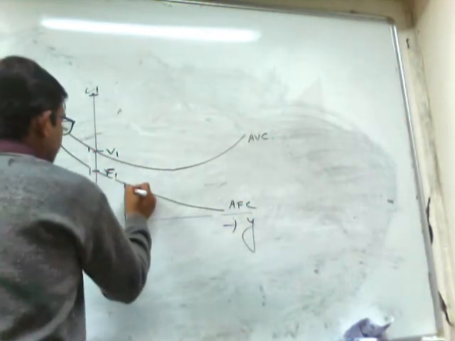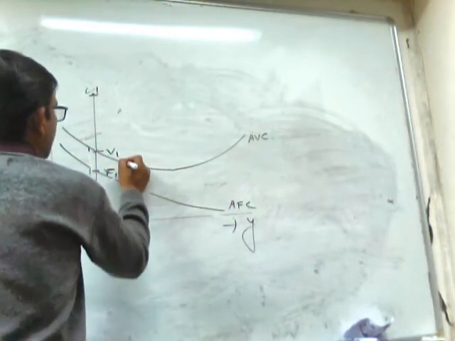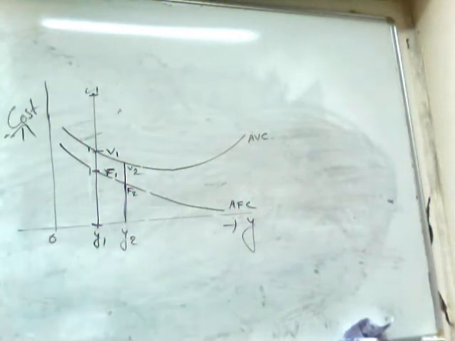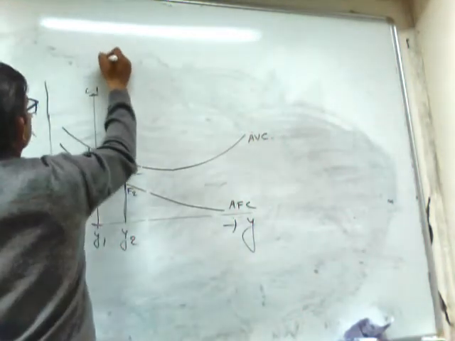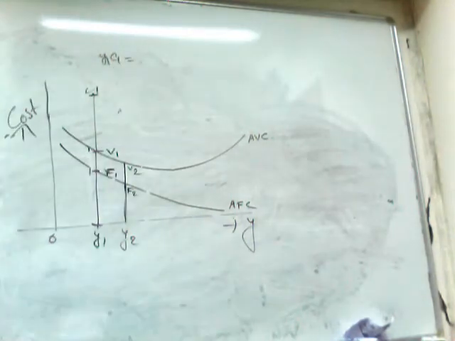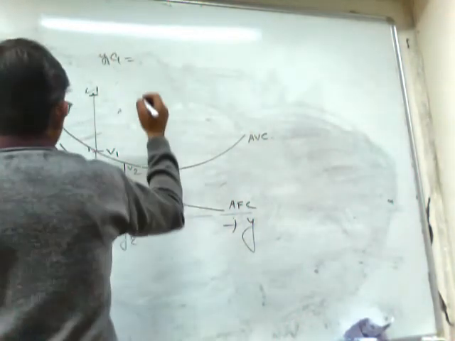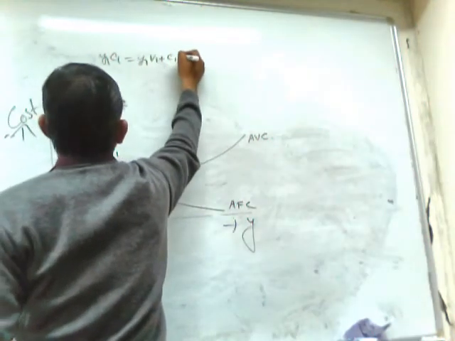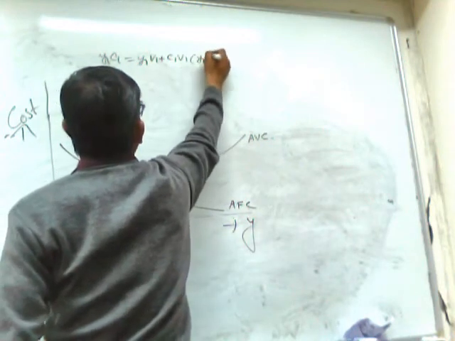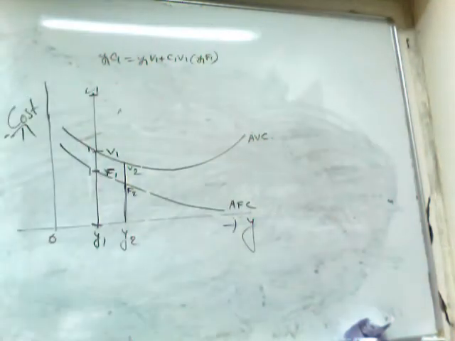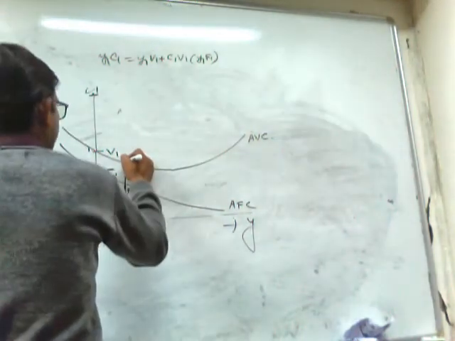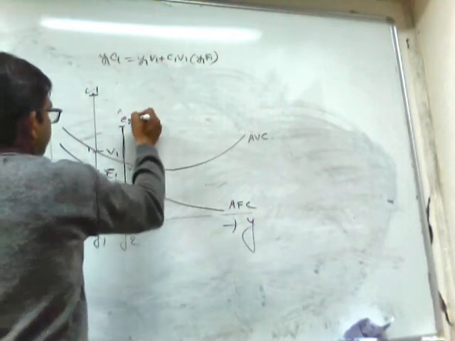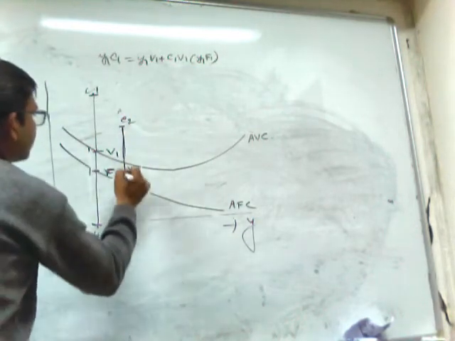So this is Y2F2 and this is Y2V2. As with the first case, Y1C1 equals Y1V1 plus C1V1, which is nothing but Y1F1. Similarly at this point, if we plot the same distance again, V2C2 must be equal to Y2F2.